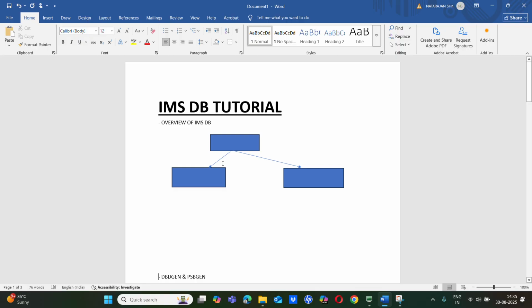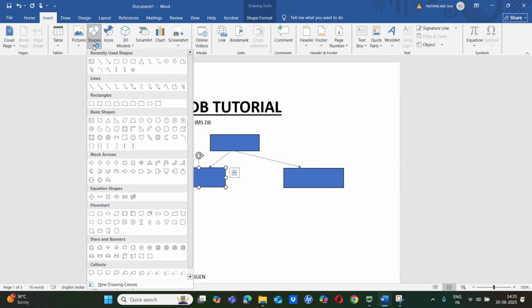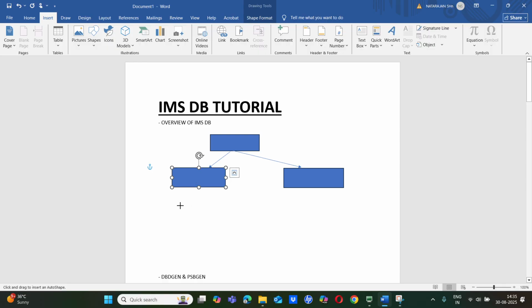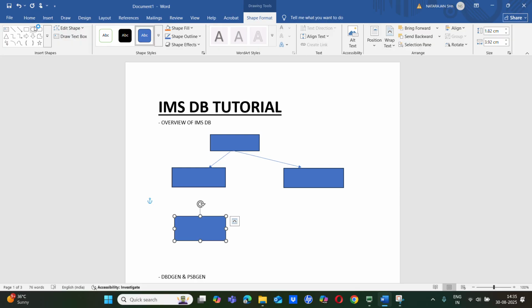Let me draw a few more segments as well. It can consist of n number of segments. Let me connect it through here. This is how the connection works.